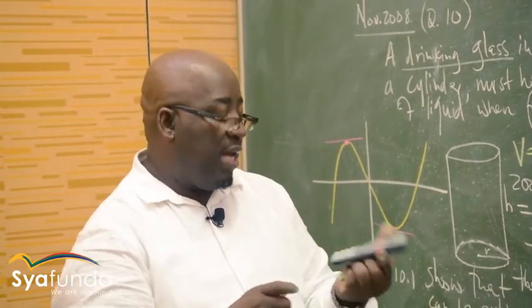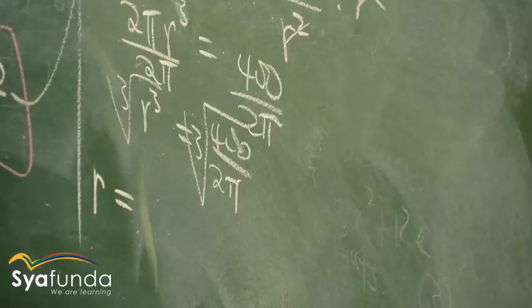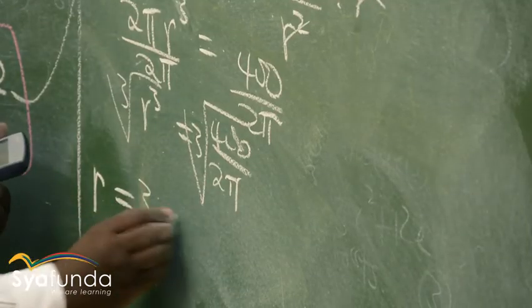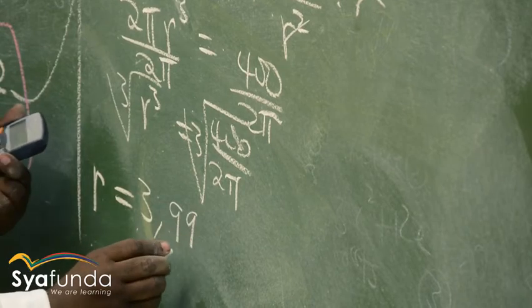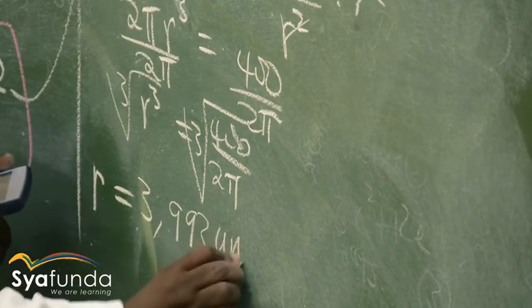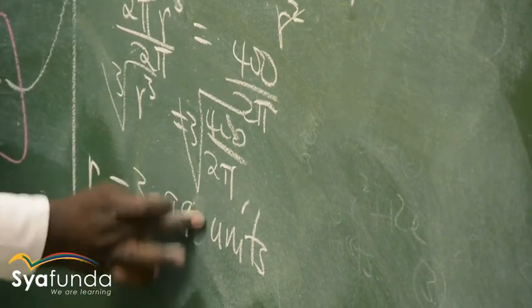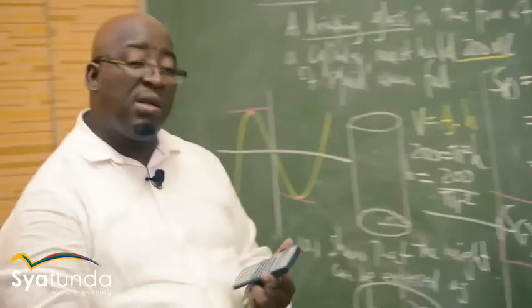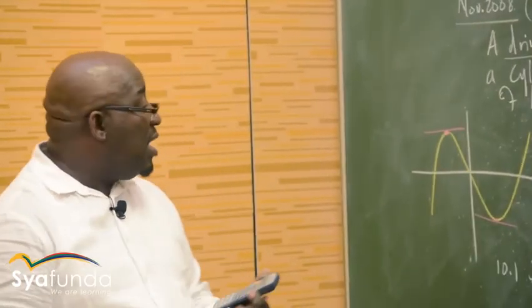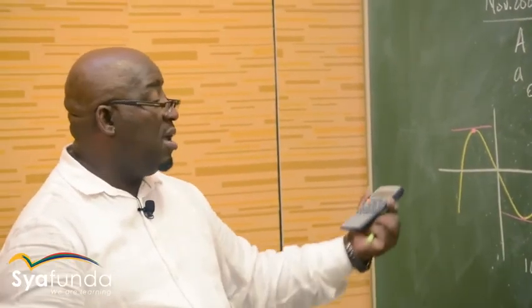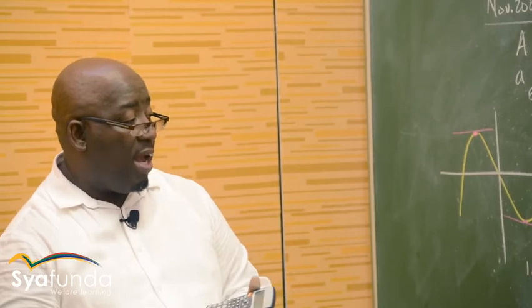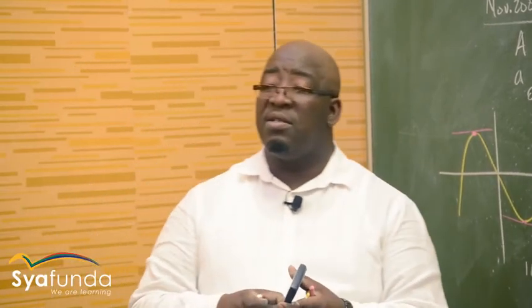In this particular case, the answer would be 3,993 units. Remember, if the question says correct to 2 decimal places, it will show 3,99 units. Remember that the radius is a distance, and we're not given the dimensions here. So we'll just write 3,99 units in this particular case. Thank you.